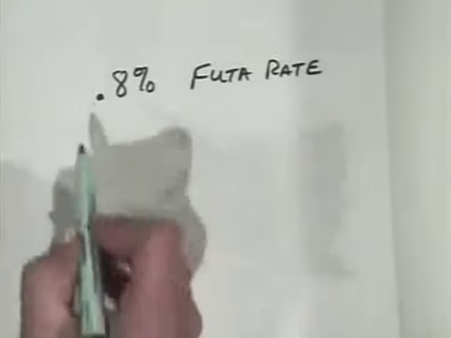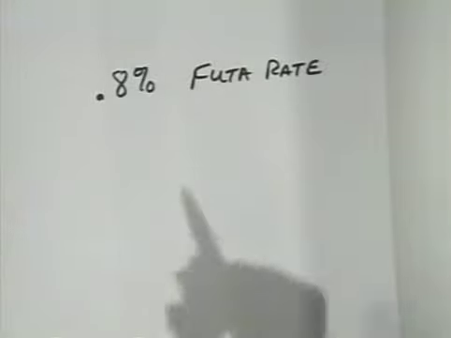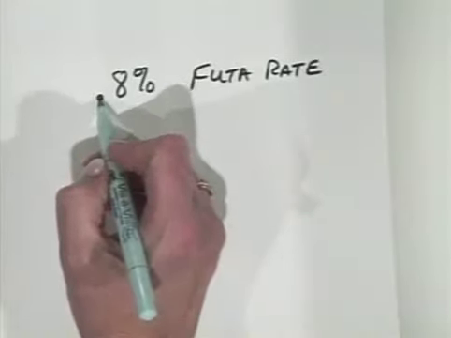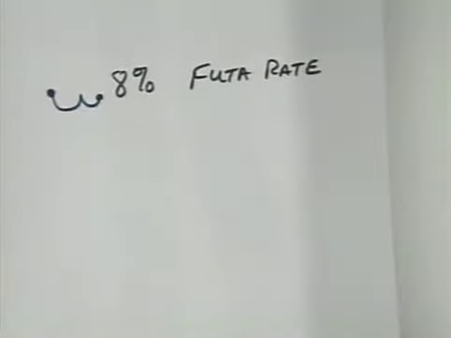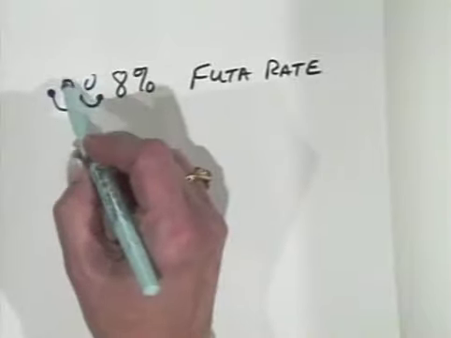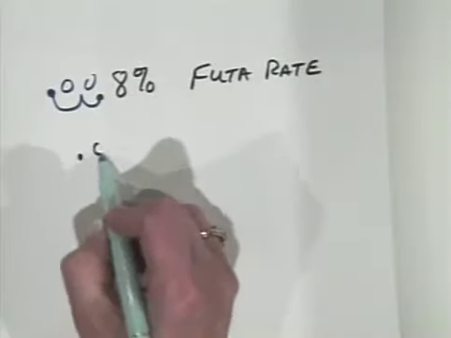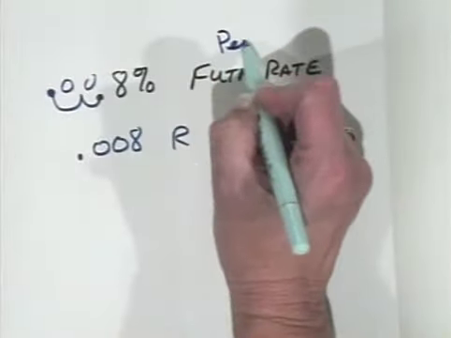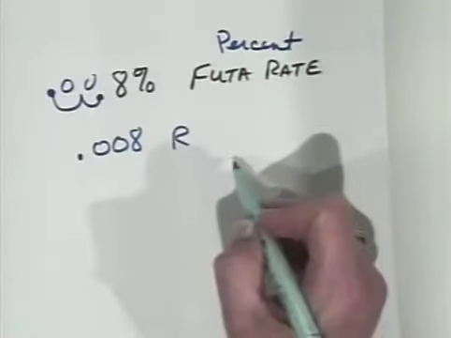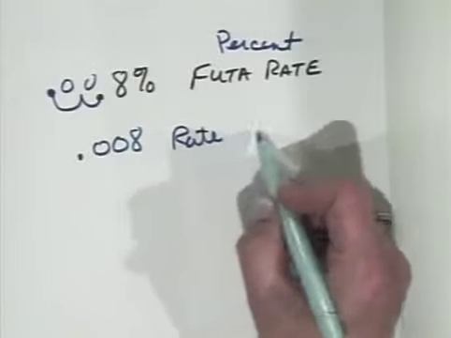I always, and I'm going to switch colors, when I'm changing from a percent to a decimal, I drop the percent and I move it 2 places. I use zeros as placeholders. 0.008 would be the percent, and I convert it to a decimal, and this would be the rate as a decimal.